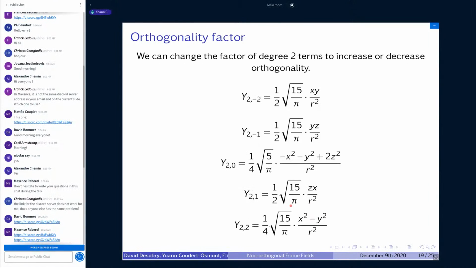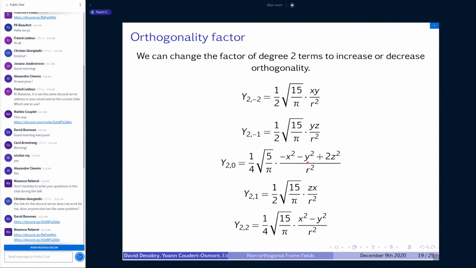Another interesting thing is that we can remark that the degree 2 terms in the previous expression are null if frames are orthogonal. So if we, for example, pick this spherical harmonic of degree 2, the sum of the x values for three orthogonal vectors is 1.